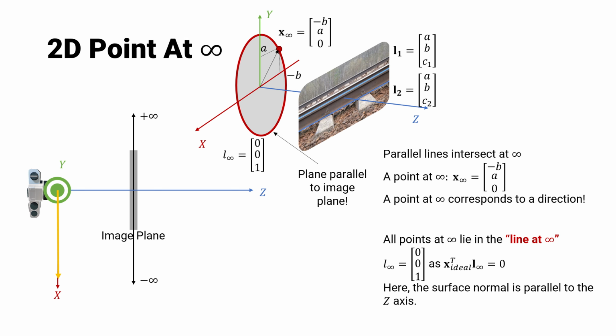The A and B coefficients refer to the direction, almost like polar coordinates, and all the points at infinity lie on this line, but the only thing is their direction is changing. And this plane's surface normal is parallel to the z-axis, which means that it's parallel to the plane of where you were taking the picture from.